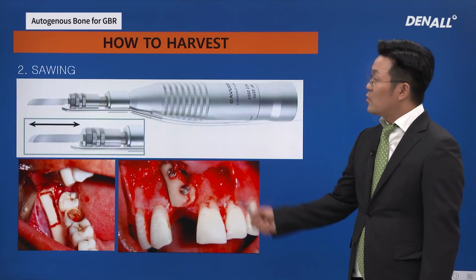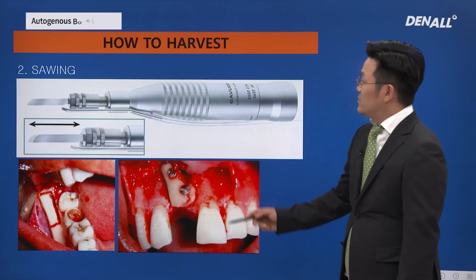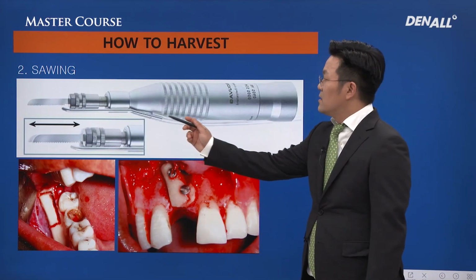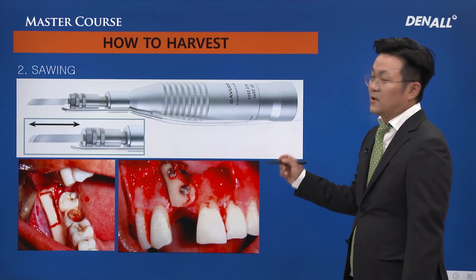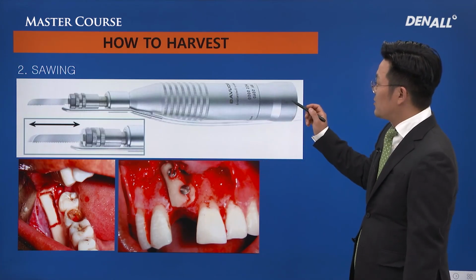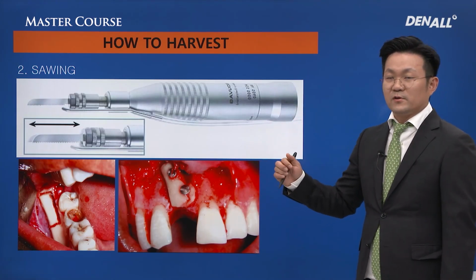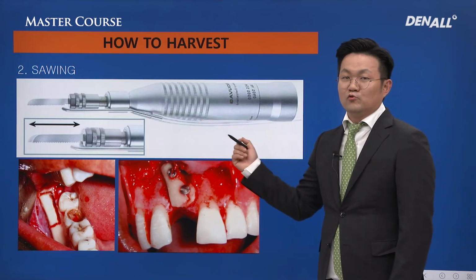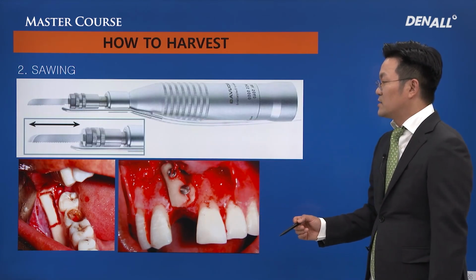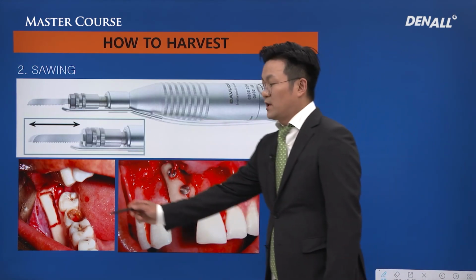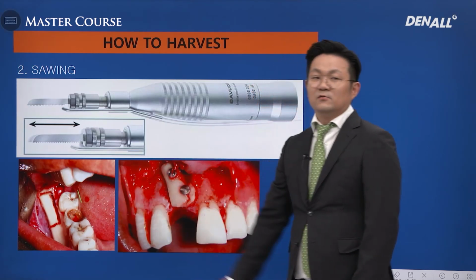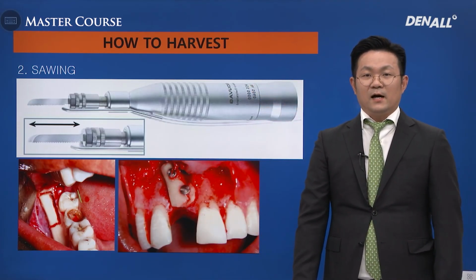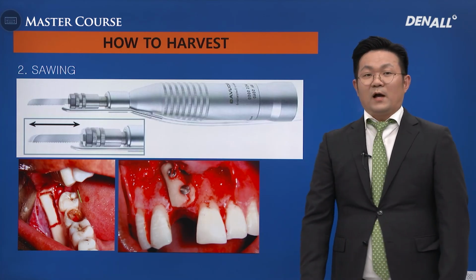Third, we can use a saw to harvest bone. The saws are not that expensive, so we can use a saw connected to the chair, moved forward and backward, and block bone can be harvested from the ramus using a saw.